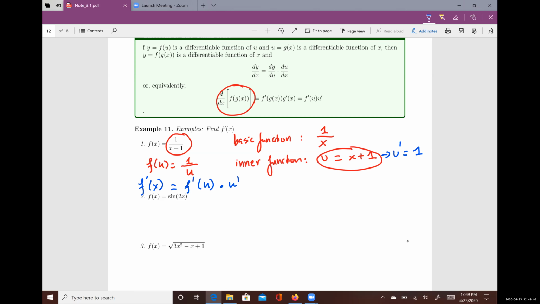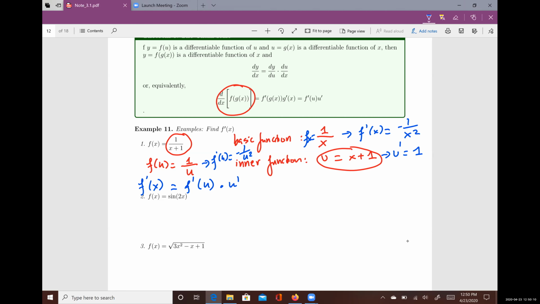But then what is f prime of u? f prime of u is negative 1 over u squared, because remember, if you have a function f of x equals 1 over x, then f prime of x equals negative 1 over x squared.